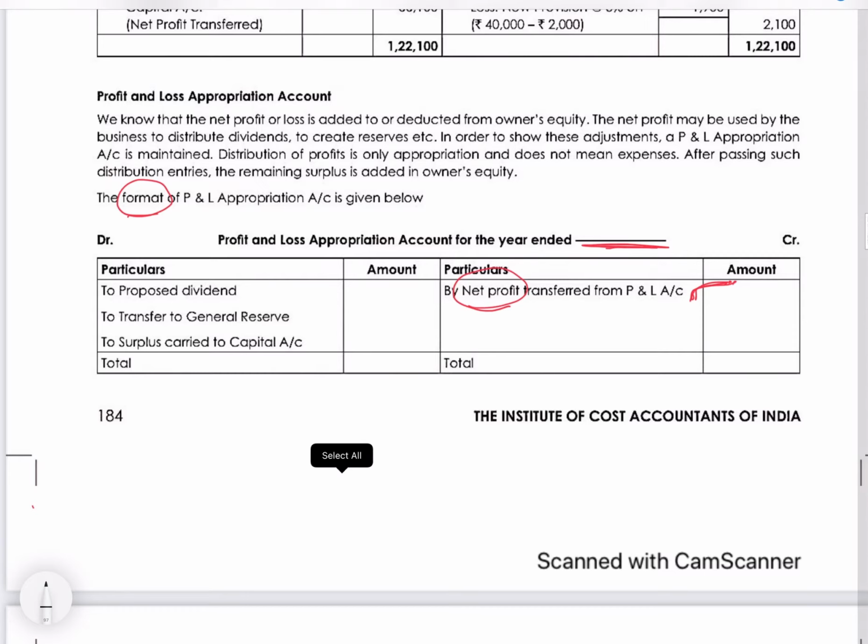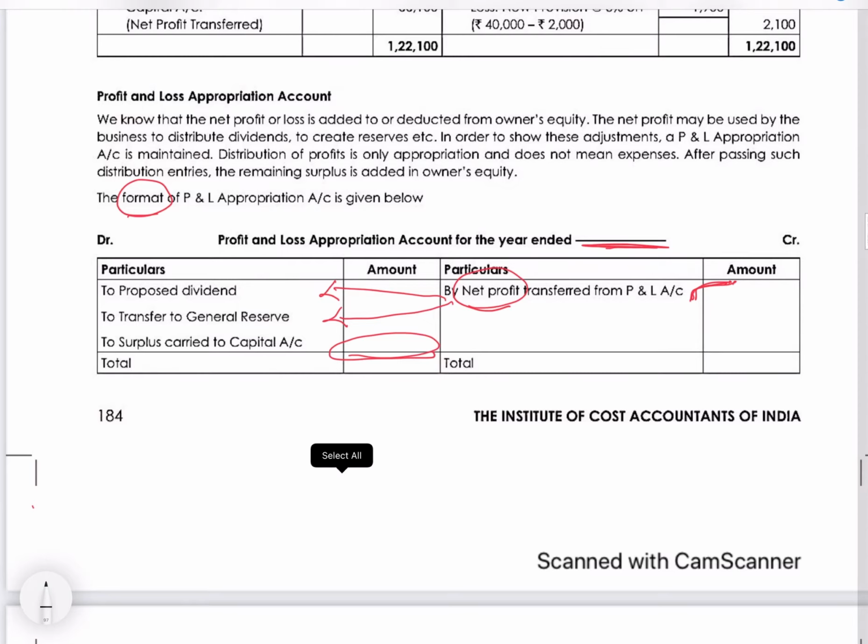If it is a private limited company, they have to give out dividends. But the whole amount may not be given as dividend. Some amount of profit they may keep back and put in the reserve, so transfer to reserve. And some surplus will be kept in the P&L account, so the balance carried down.